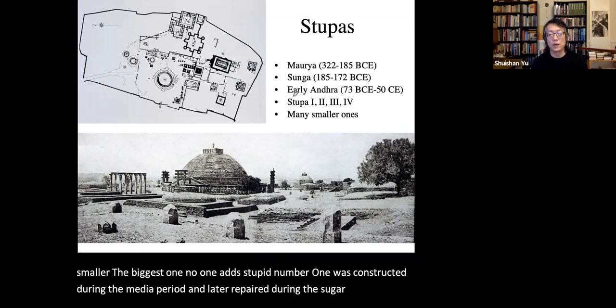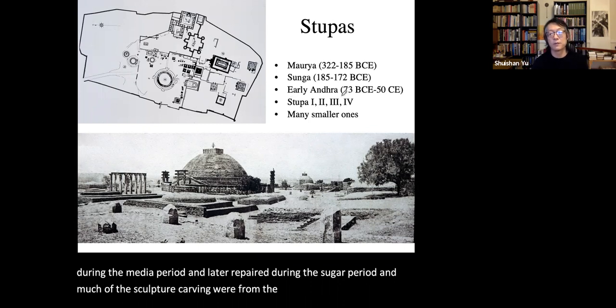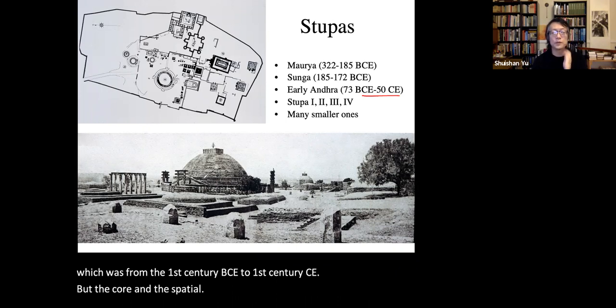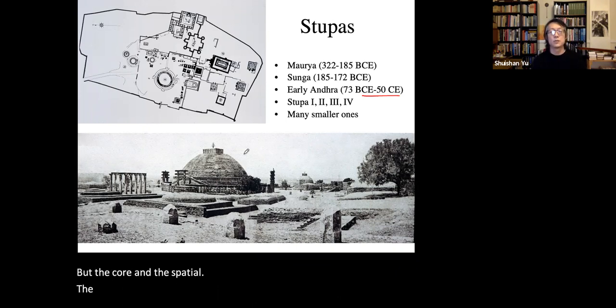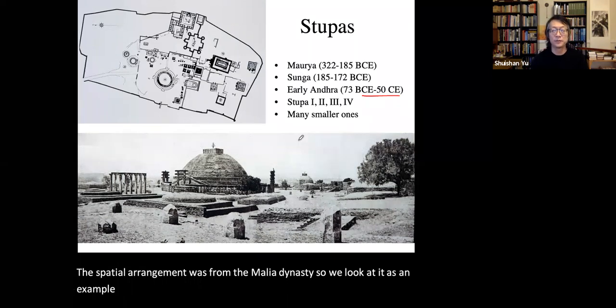And much of the sculptural carving was from the Andhra period, from the 1st century BCE to the 1st century CE. But the core and the spatial arrangement was from the Maurya dynasty. So we look at it as an example of Maurya architecture.